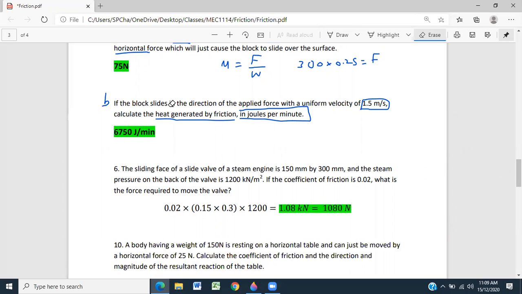If the block slides in the direction of the applied force with a uniform velocity of 1.5 meters per second, calculate the heat generated by friction, right? So remember, as I said, some velocity, something with some momentum is coming. All right, there's a question in the chat. What's the formula for finding P?